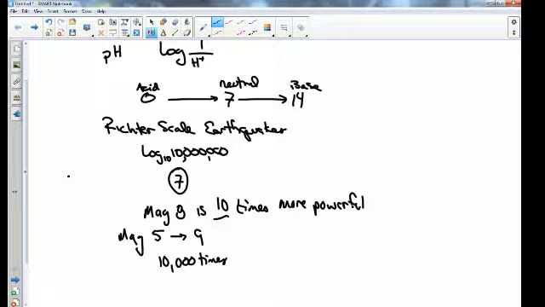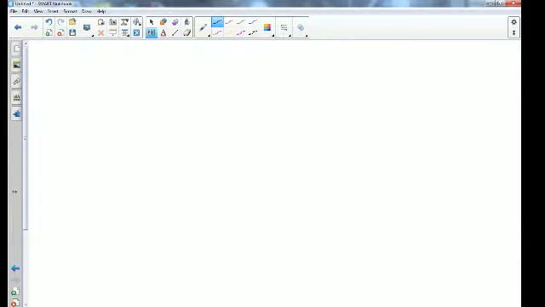Okay, so moving on to the actual mathematics here. How do you calculate, let's say you're given a number. This is how we had to do logarithms in the old days.